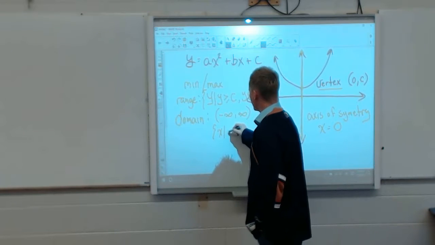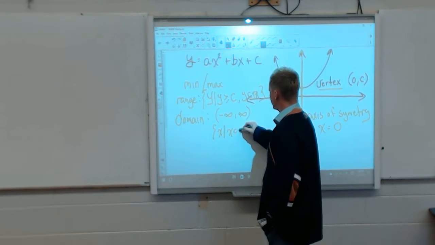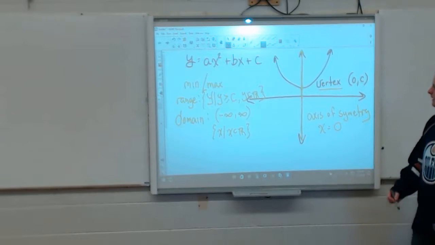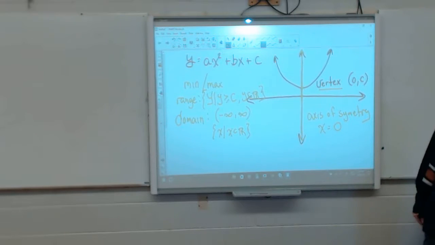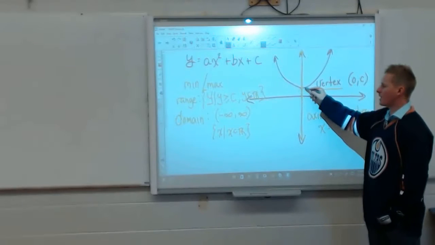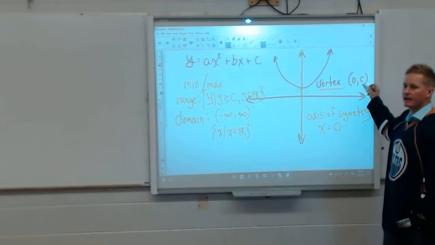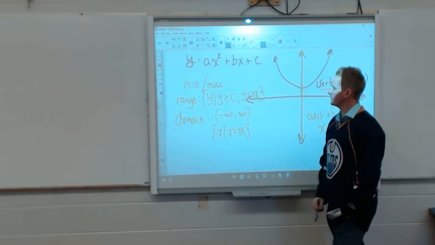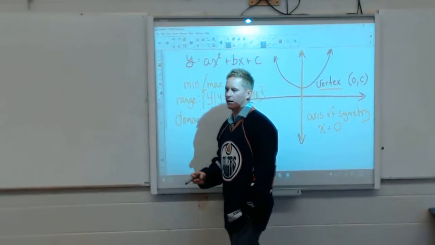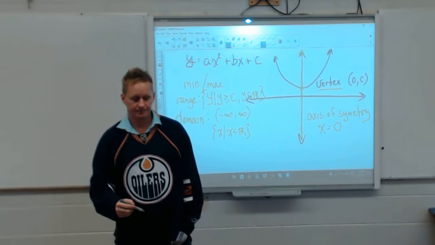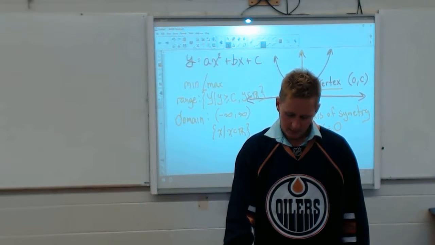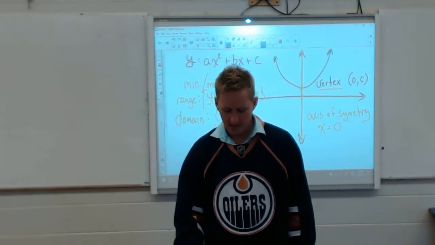So we can write it like that, or we can write it as x is an element of all real numbers. Either method works just fine. When I do my range, I always take the bottom value, which will be indicated in the vertex, and then the top value, which is, in this case, positive infinity. So that takes care of everything.